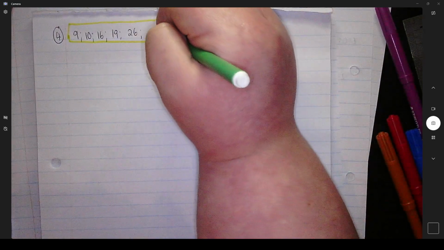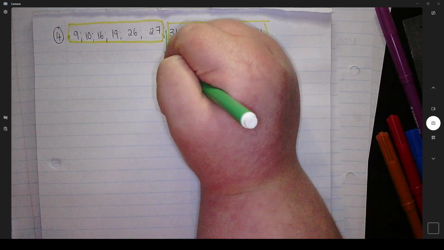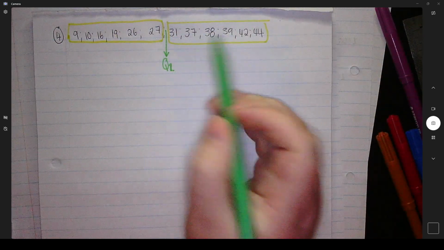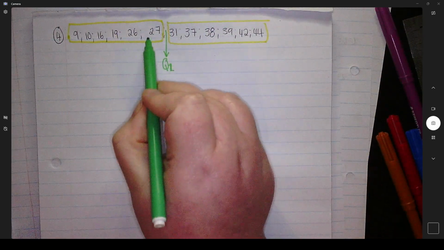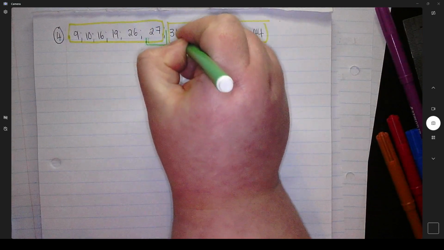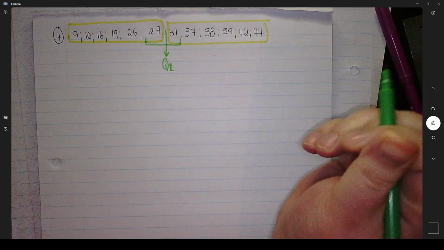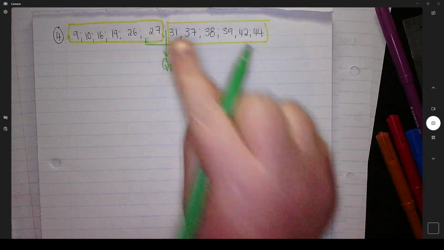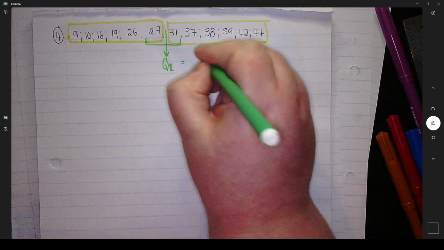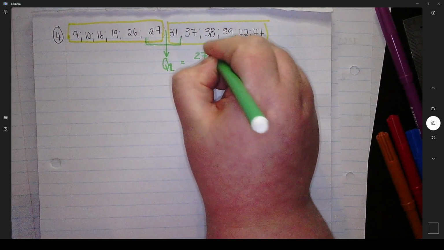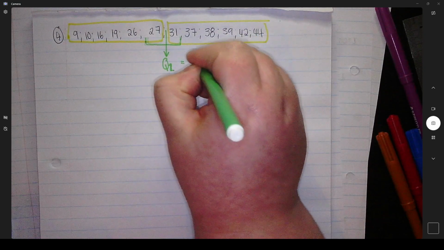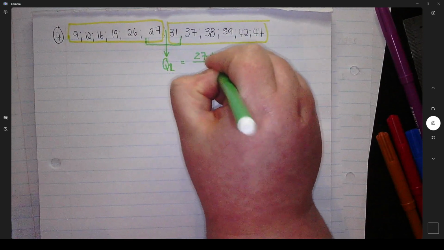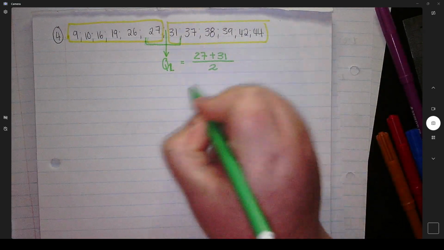Quartile 2 is exactly between 27 and 31. That is our median. These are the 2 values that are in the middle. So to find the median, it needs to be the number exactly halfway between 27 and 31. 27 plus 31 and divide the result by 2.